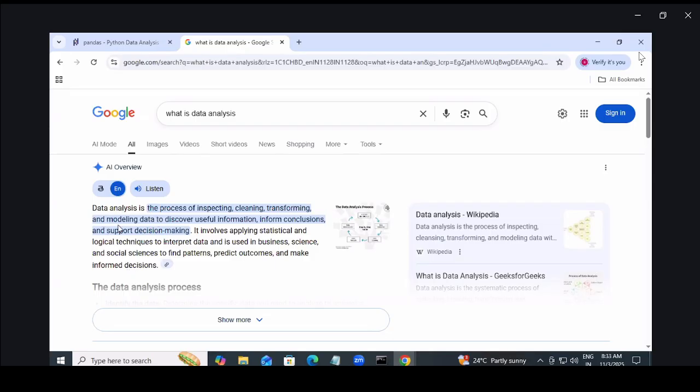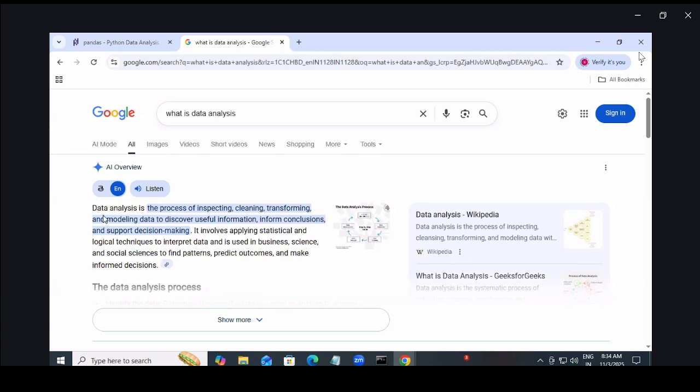All this is done by the data analyst. So data analysis is the process of inspecting the data, cleaning the data, transforming the data, and modeling data to discover useful information that can be helpful in making decisions, in performing statistical operations, and in applying logical techniques to interpret the data used in business or science or social sciences.